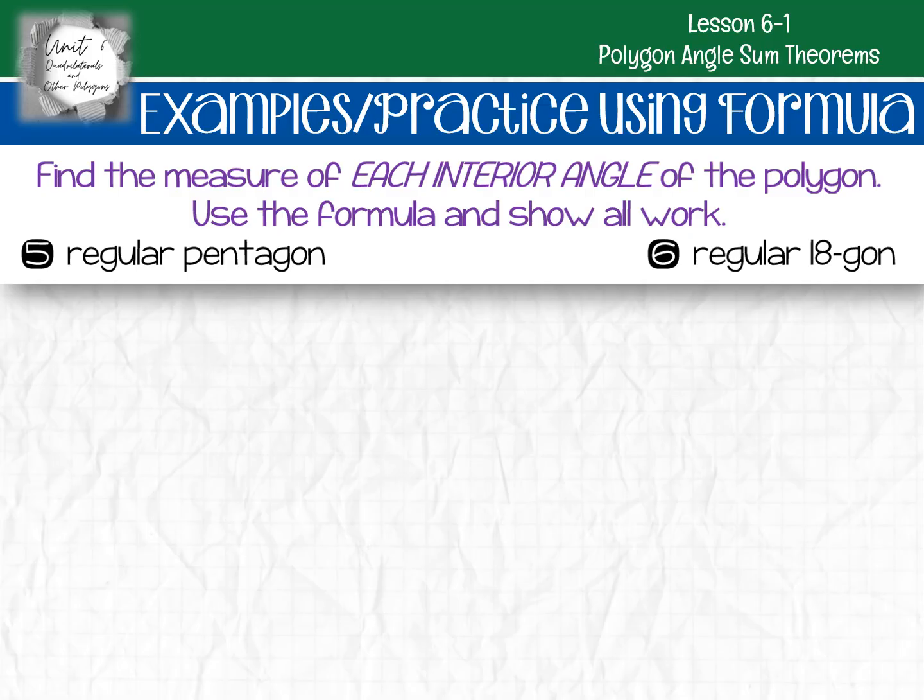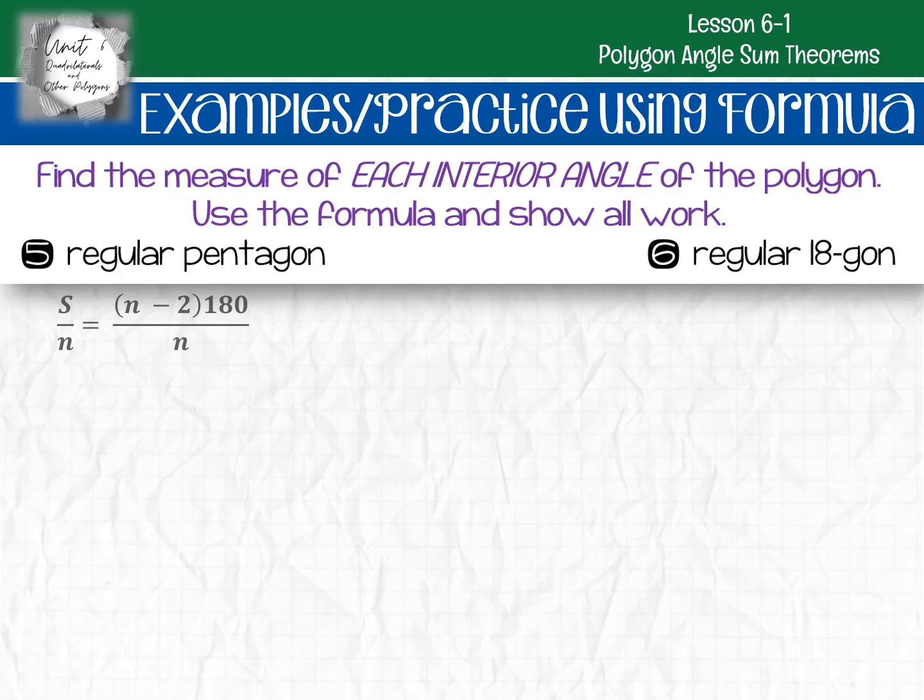Examples in practice. Find the measure of each interior angle of a polygon. Show the formula and show our work. Regular pentagon. Pentagon has 5 sides. Formula: S, the sum of the interior angles of the polygon, divided by n. Because it's regular, each of them is the same.